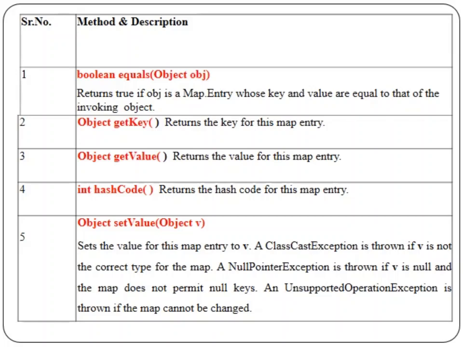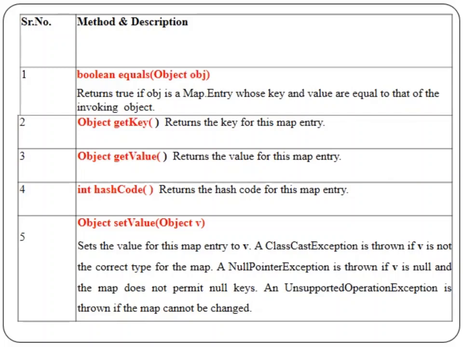hashCode is a method which returns the hash code for this Map.Entry interface. The setValue is a method which is going to set a value for this map entry to the specified value.